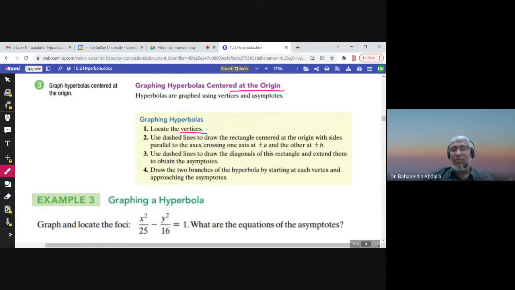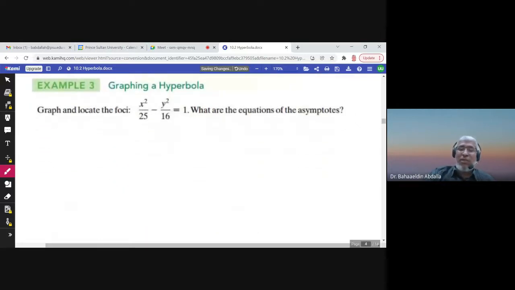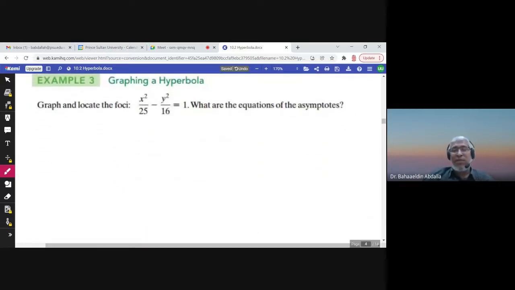And then draw the fundamental rectangle. You go a units and b units to draw the fundamental rectangle, using dashed lines. And then you draw the diagonals of the rectangle. These would be the asymptotes. And then you draw the hyperbola. Okay, let us apply these steps.